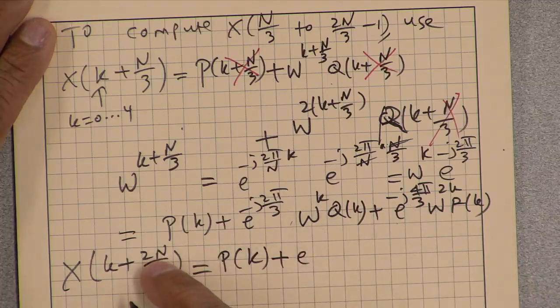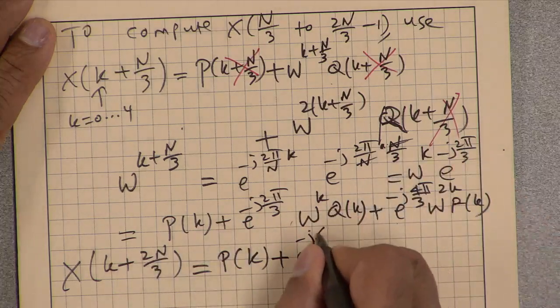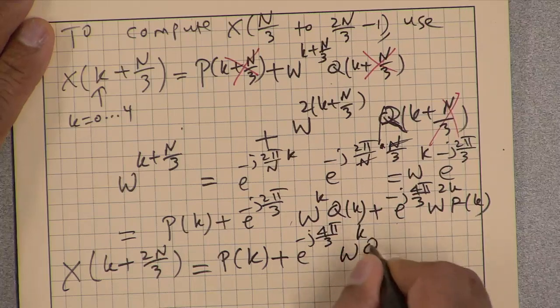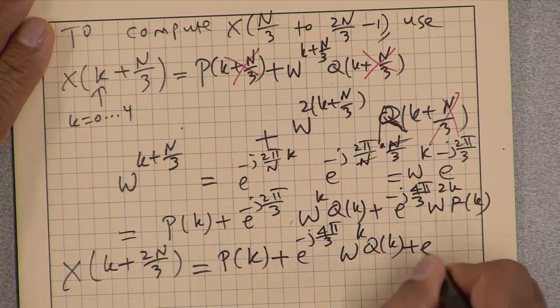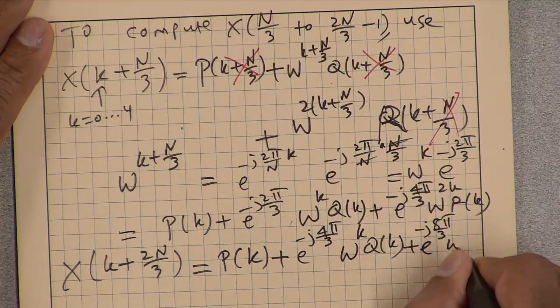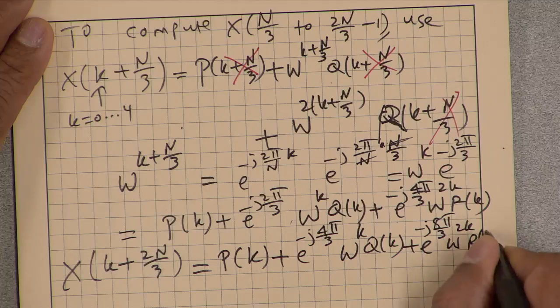So this is the same as that we saw here, e to the power minus j 4 pi by 3 times W to the power k Qk plus e to the power minus j 8 pi by 3 W to the power 2k Rk.